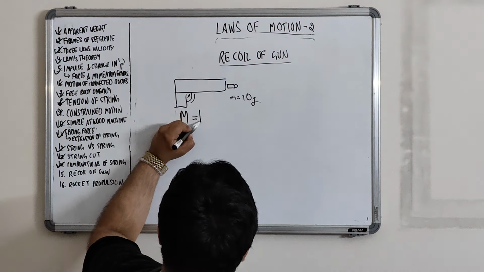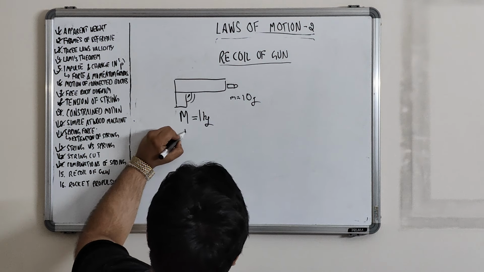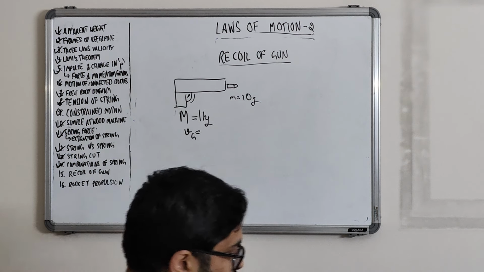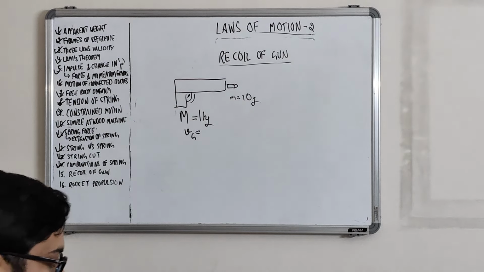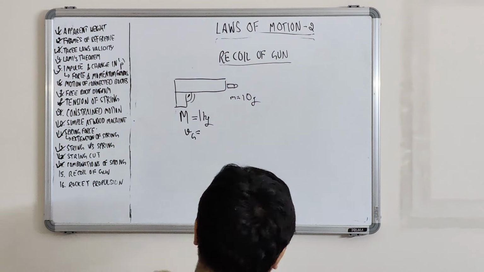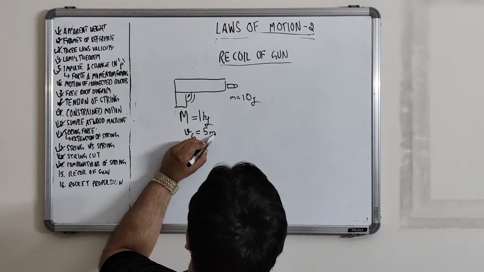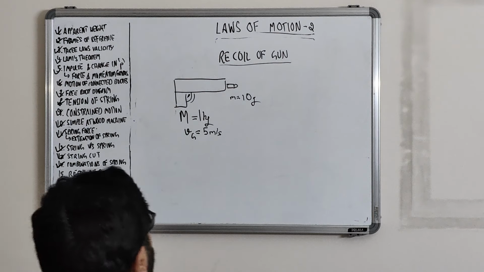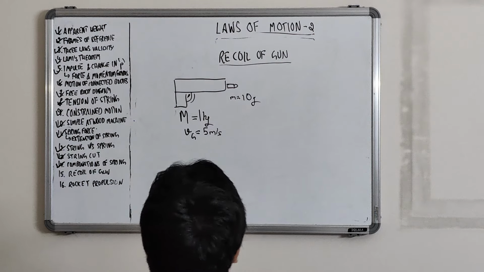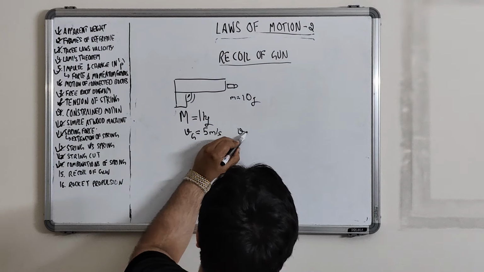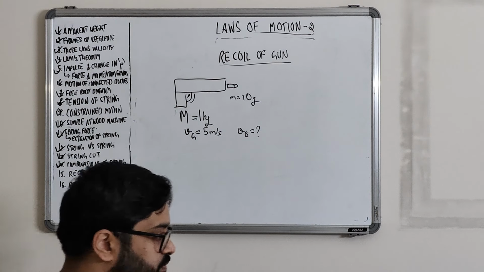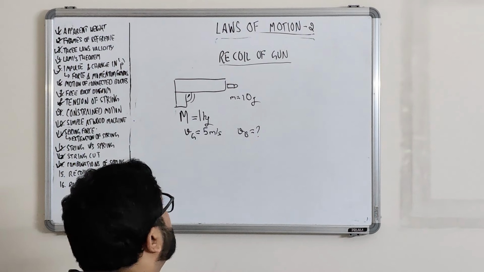Mass of gun is 1 kg. Recoil velocity is 5 meter per second. We have to find velocity of muzzle, so velocity of bullet, right?